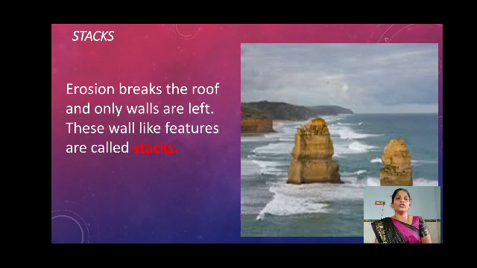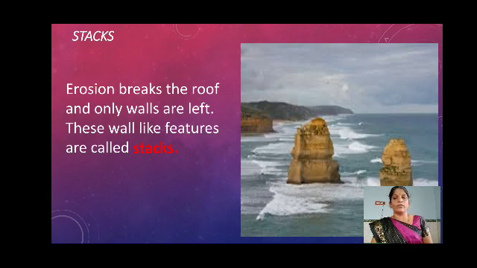Erosion breaks up the roof. Now the roof is also removed by the waves. The waves continuously strike and the roof is eroded. Now what will happen? On both sides, the rocks look like pillars. That feature is called stacks.